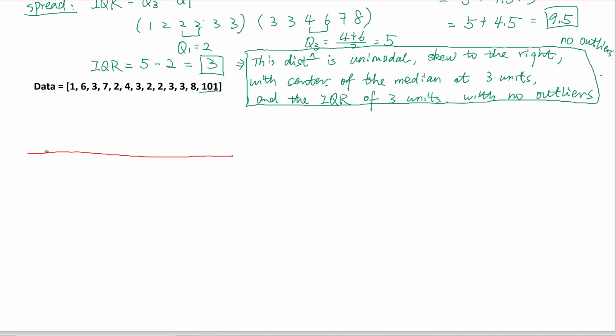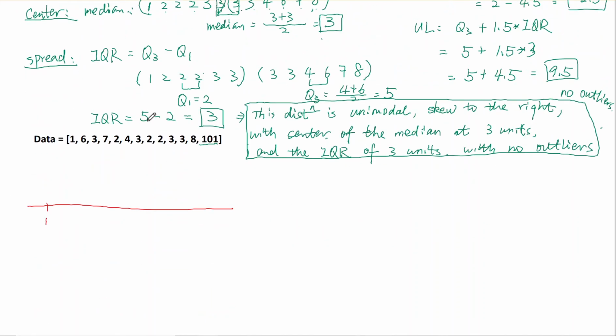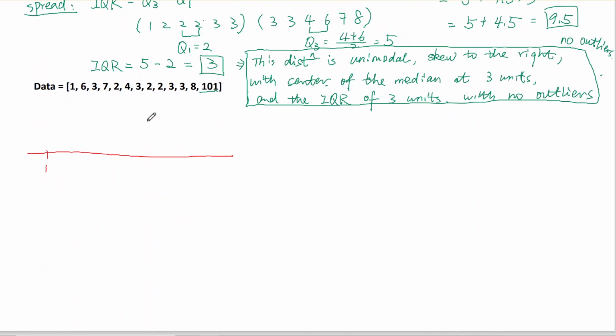Okay, so we have smallest from 1. I have 1, 2, 3, 4, 5, 6, 7, 8, and then there is a far away one, 101.